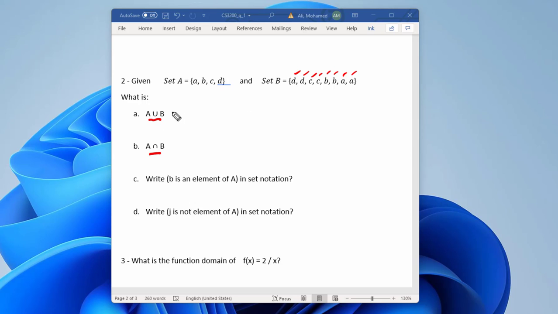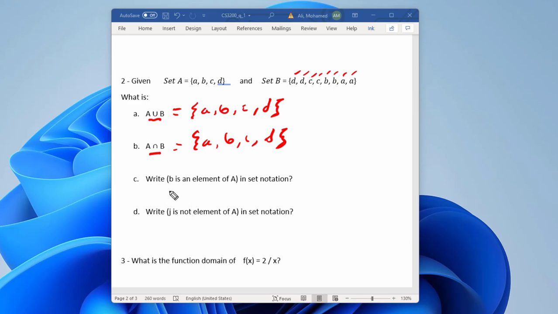So in this case, the answer of A union B is A, B, C, D. And then the intersection is the same thing. What are the common elements in both sets? Again, it's the same answer, A, B, C, and D.